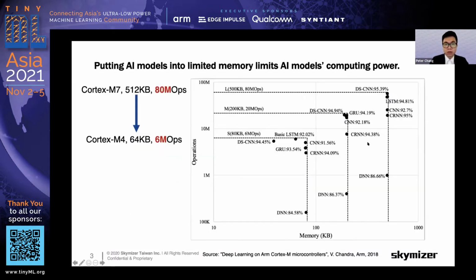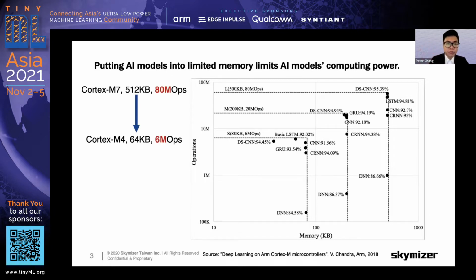And what could happen if we put an AI model into these devices? It will shrink the available operators. If we put a model into M7 devices, because it has 512 kilobytes memory, you could put 80 million operations into it.